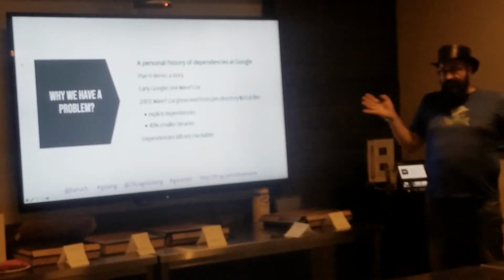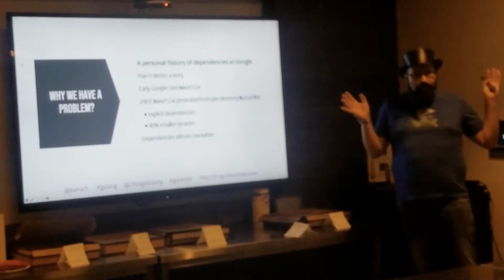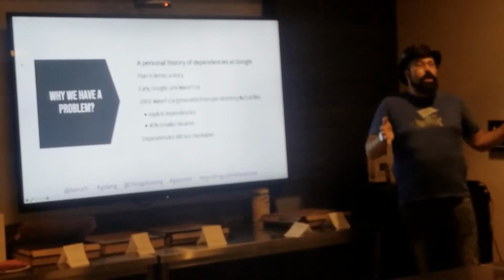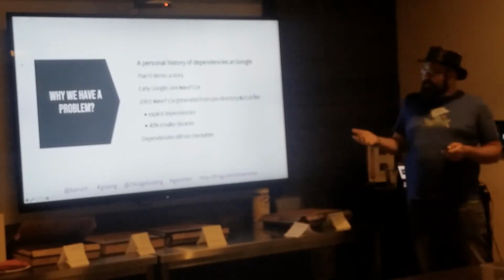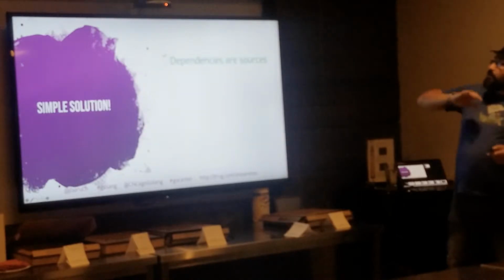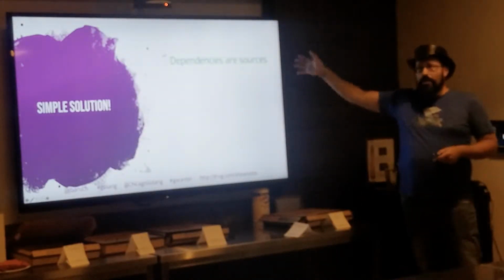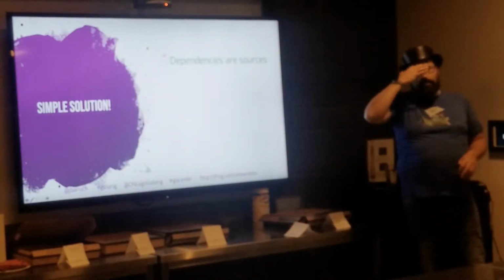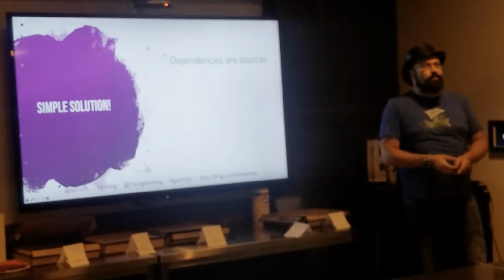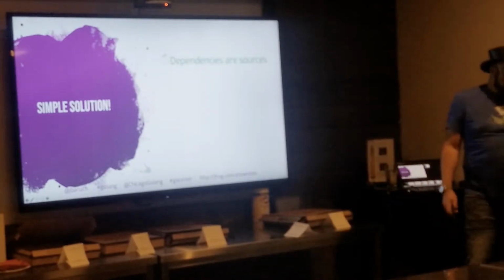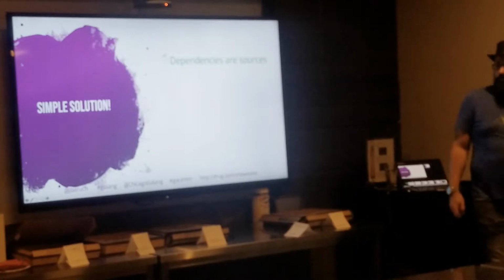We will simplify it as much as possible, and we will create one way to do the right thing. And the simple approach is dependencies are sources, and this is a major improvement over the situation in C++, in which dependencies are binaries.